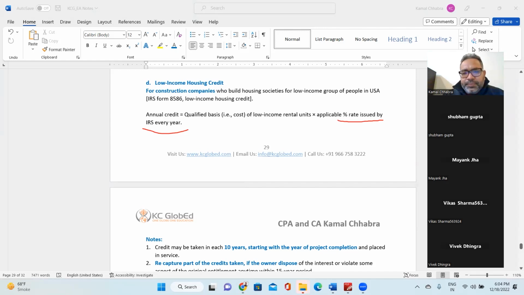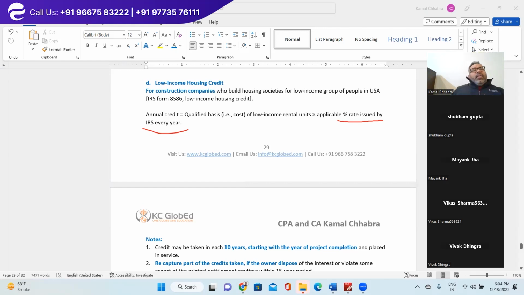Make sense? So what they are saying, let's say you are a construction company and you have filed form 8586 with the IRS and you are constructing a low income residential society.